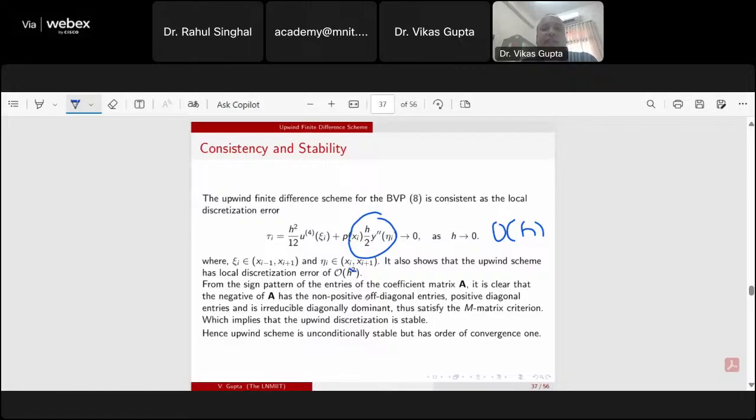From the sign pattern of the entries of the coefficient matrix A, it is clear that negative of A has non-positive off-diagonal entries, positive diagonal entries, and is irreducibly diagonally dominant, thus satisfying the M-matrix criterion, which implies that the upwind discretization is stable. Hence, the upwind scheme is unconditionally stable but has order of convergence 1.